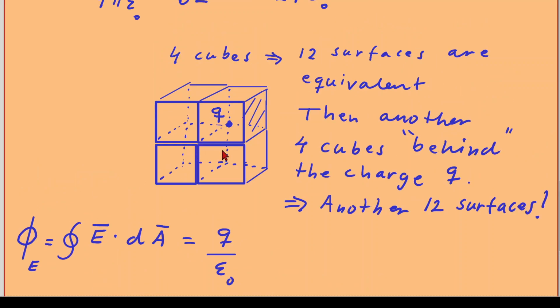And then you can use the flow through a closed surface. So we treat all those surfaces that we have, the 8 cubes, and the exterior surfaces are seen as one surface. So the total flow through that is Q over E naught.